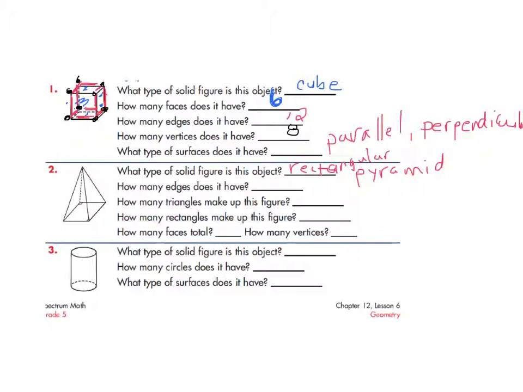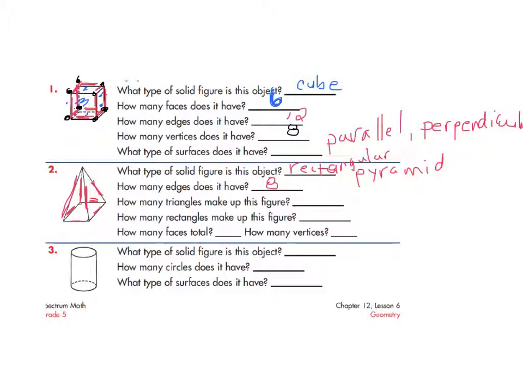How many edges does it have? All right, and edges I had as red. So edges, it has 1, 2, 3, 4 around the sides, 5, 6, 7, 8 counting ones on the bottom. How many triangles make up this figure?